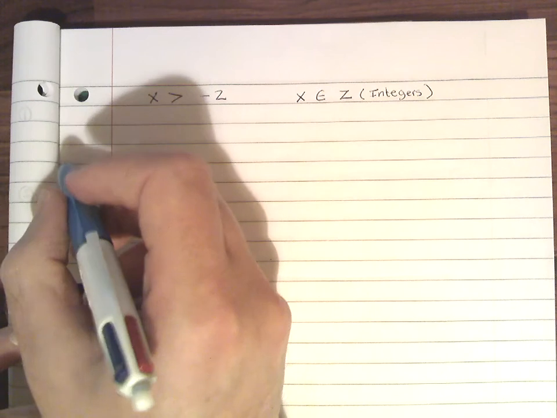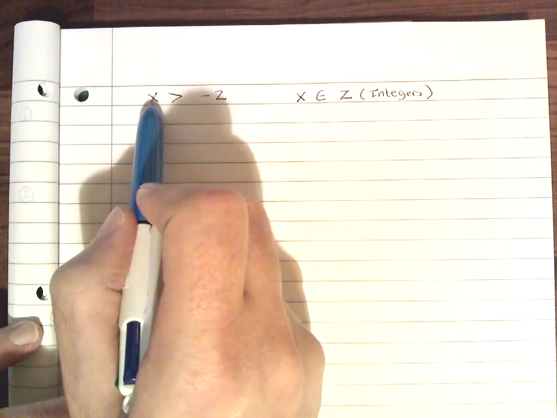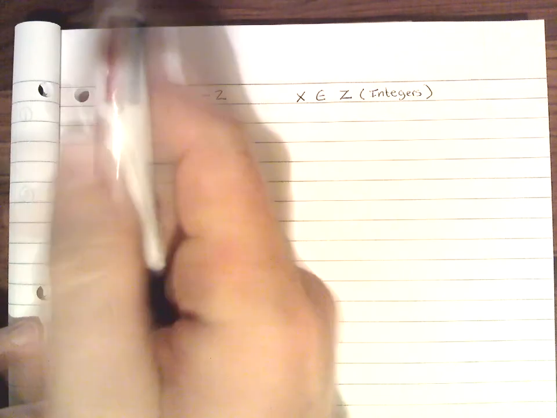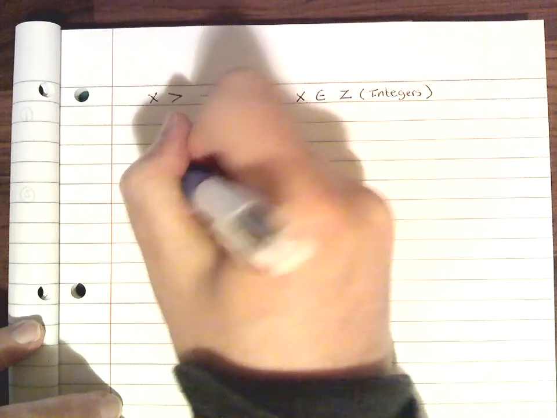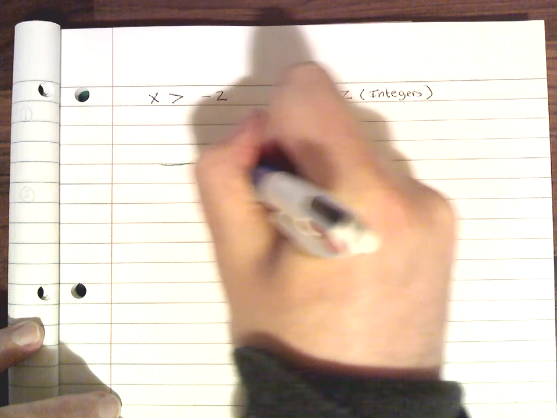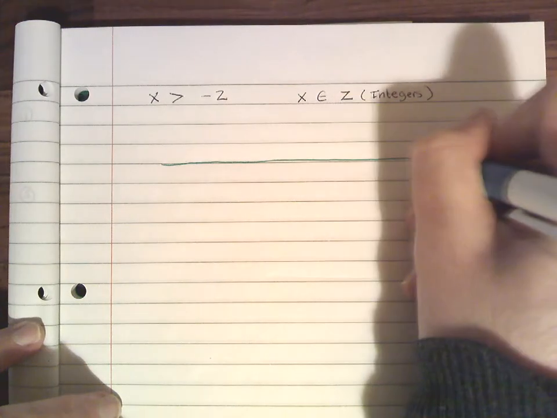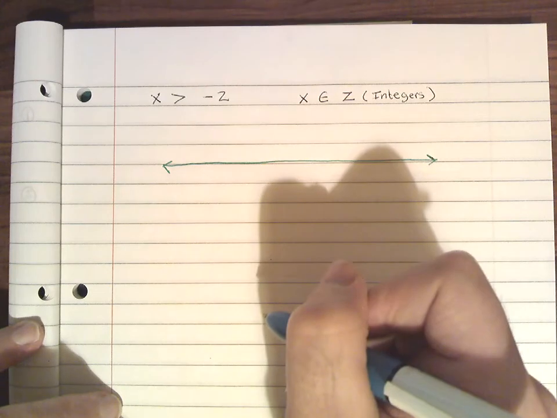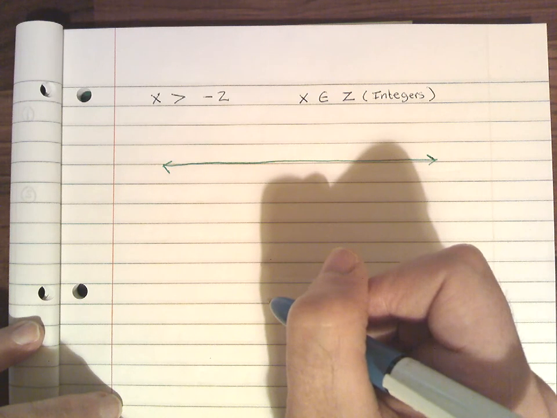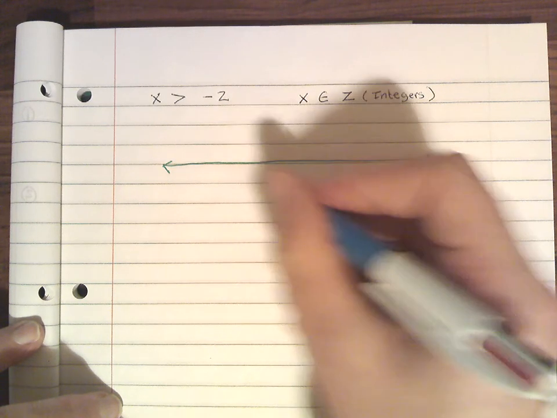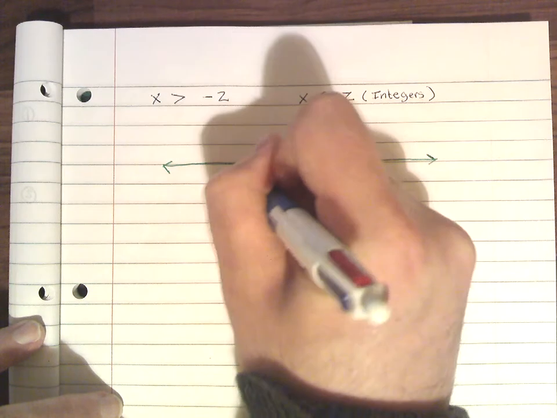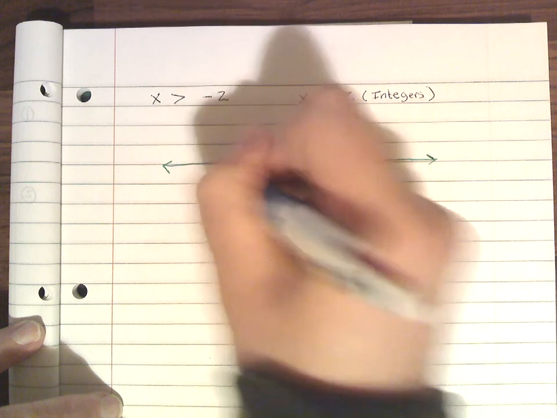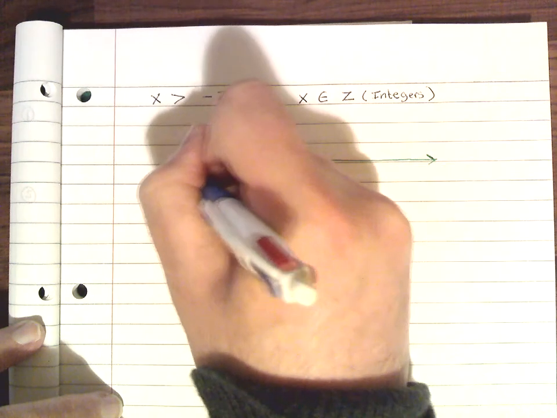That's what this means. So what we can do is take this and represent it on a number line. Imagine this is our number line here. Let's say this is 0, and on the left we have -1 and -2.